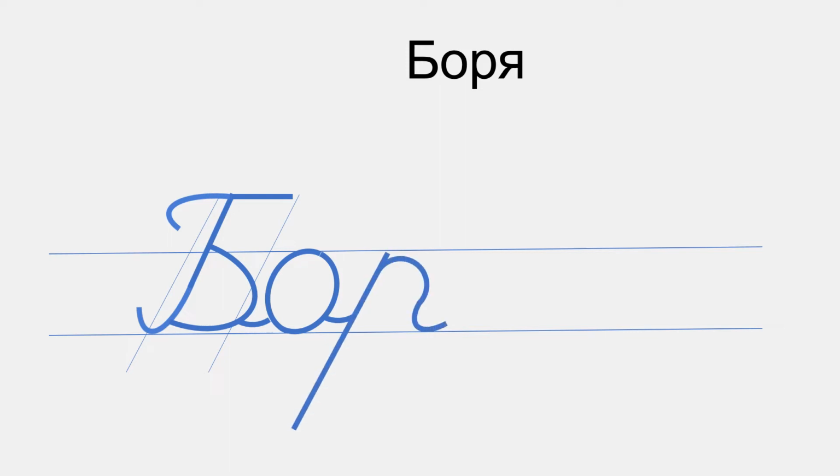So this is R, and then I finish with Ya, like that. Борья. Now your turn. Pause my video and write this name Боря a couple of times. Okay? When you finish practicing, go back to my video and continue watching.